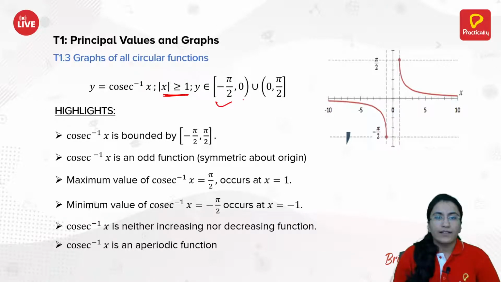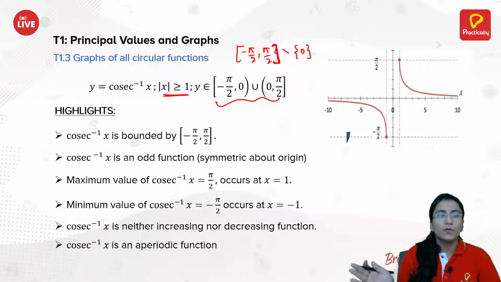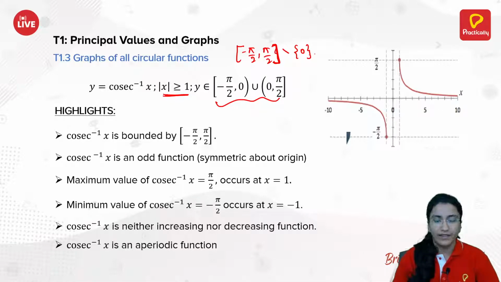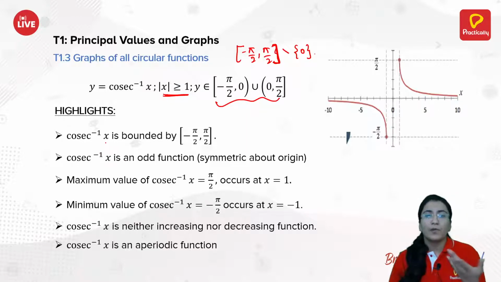You can even write it like this, or you can write it as -π/2 to +π/2, cancelling the 0, removing the 0. All right, so some highlights related to this are: cosecant inverse x is again bounded in between -π/2 to +π/2.